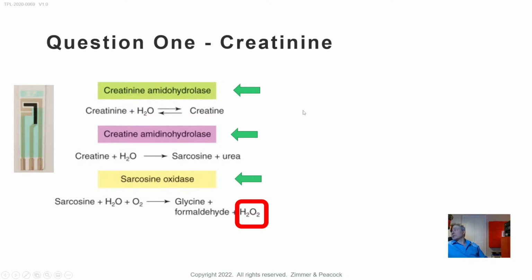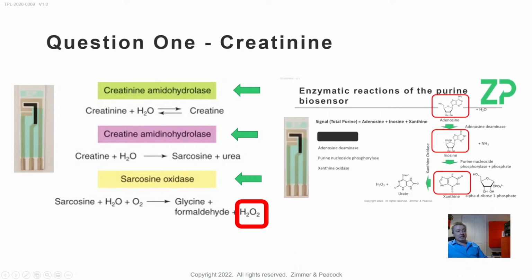I think many of you won't say, oh, this is too complicated. It actually struck me that it was fairly similar to a purine sensor that we commercially produce at Zimmer and Peacock, where we detect a whole series of purines. But we do have a cascade of three enzymes before we actually generate the detectable hydrogen peroxide.